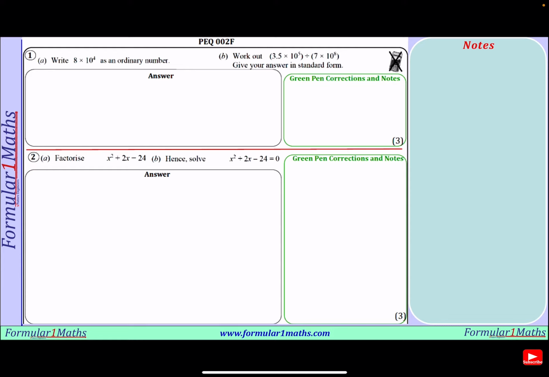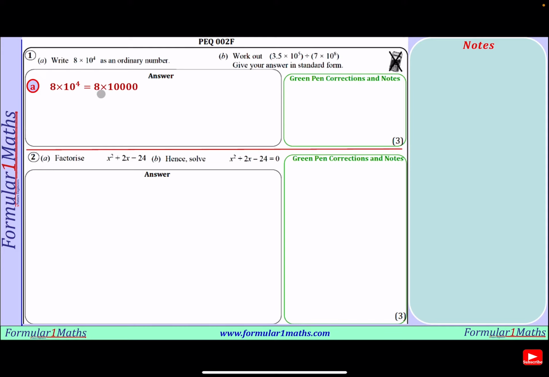Question 1. A. Write 8 times 10 to the power 4 as an ordinary number. B. Work out this. Give your answer in standard form. So for A, 8 times 10 to the power 4 can be written as 8 times 10,000, because 10 to the power 4 is the same as 10,000.